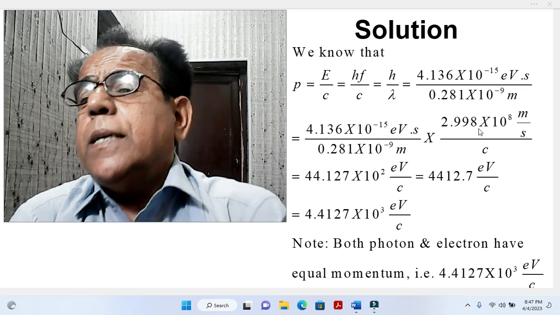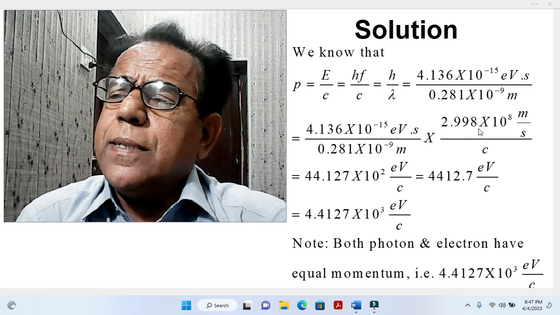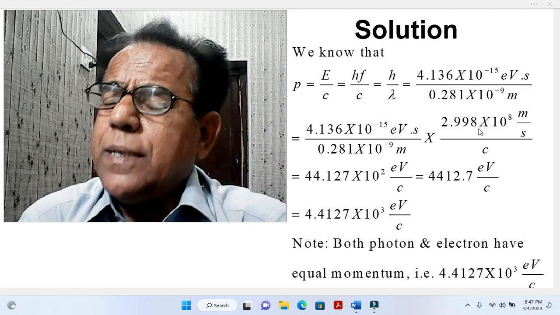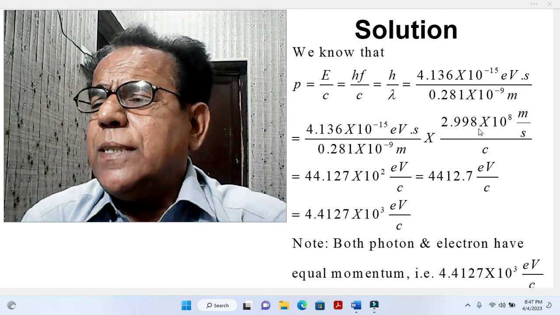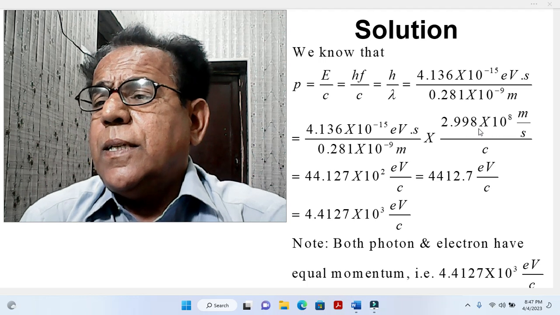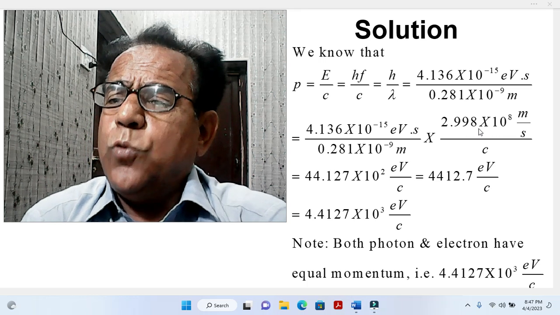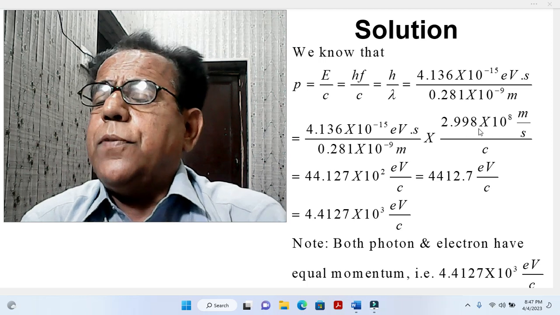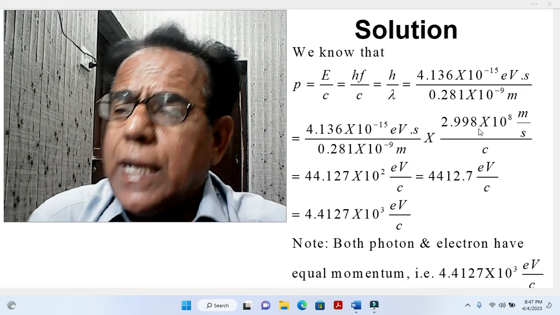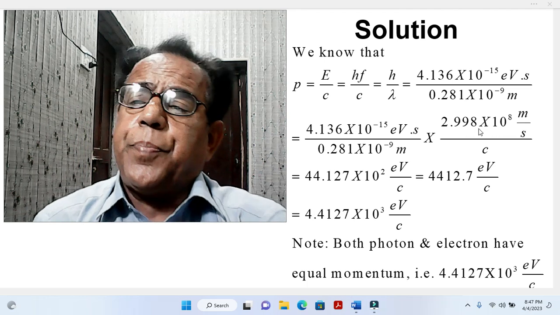This is a 100% correct answer, but just as a fashion, we reshape this expression as 4.4127 into 10 to power 3 electron volt over c.